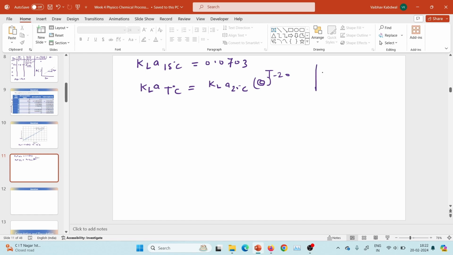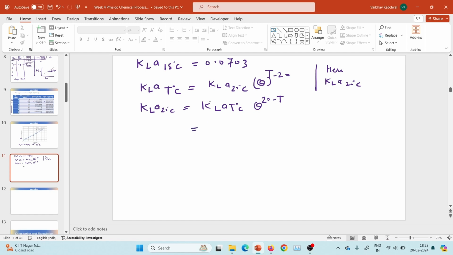But here we need the KLA value at 20 degrees Celsius, so we will just do some mathematical rearrangement.